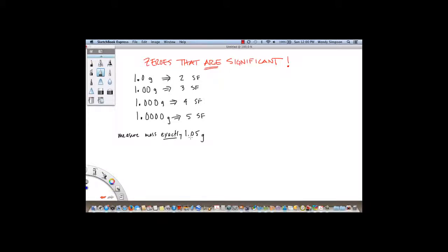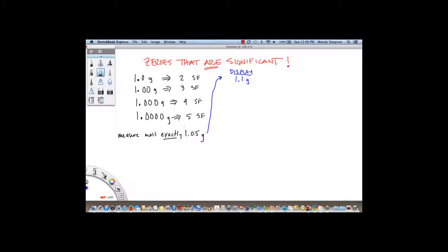Well, the interesting thing is that if we put this mass on this balance that only can measure out to the tenth of a gram on the display, this guy is going to read not as 1.05, but as 1.1 grams. So this is going to round to the two significant figures that the balance can display.